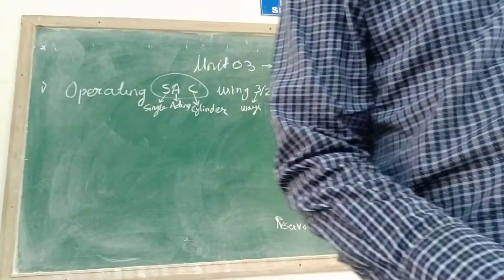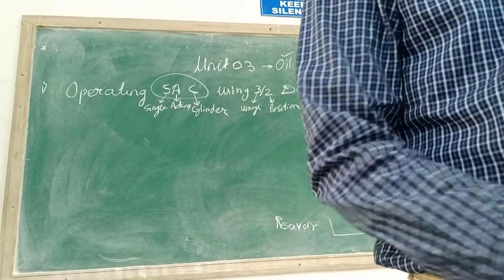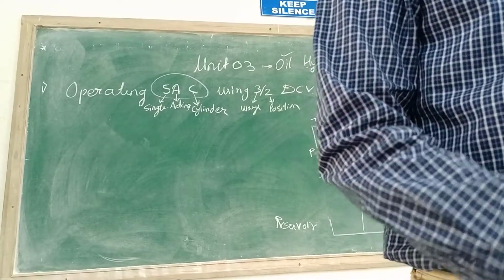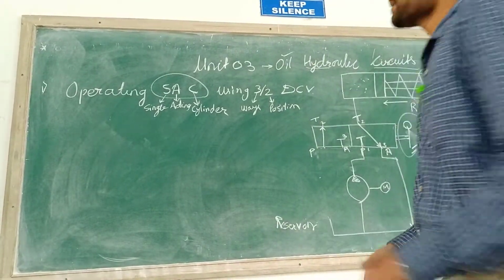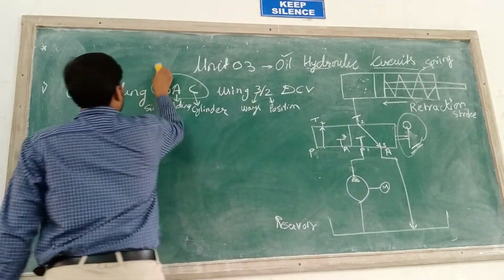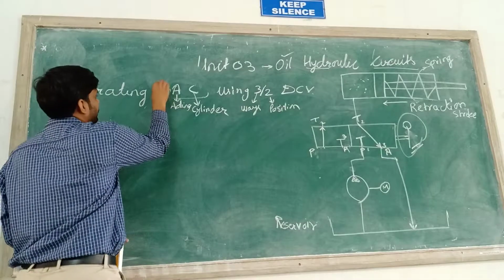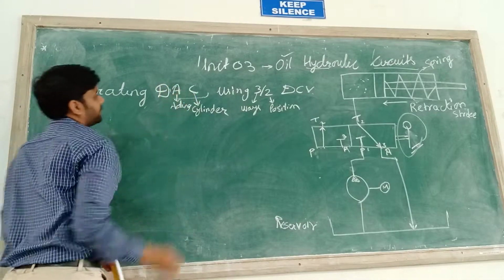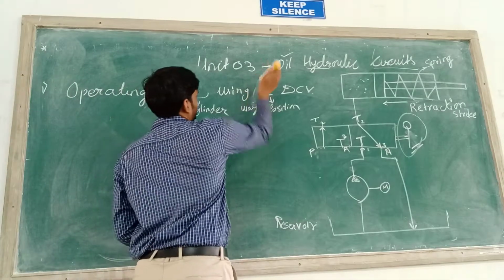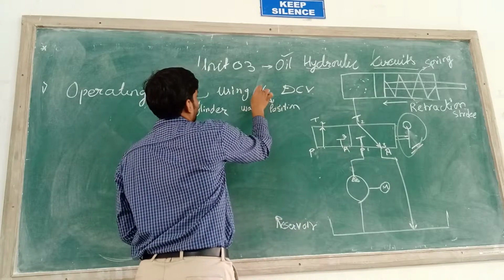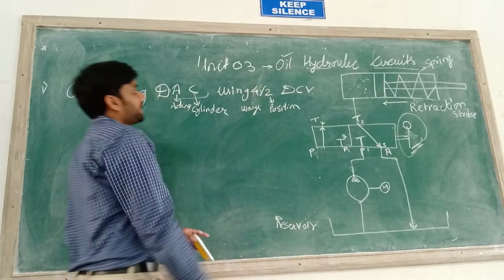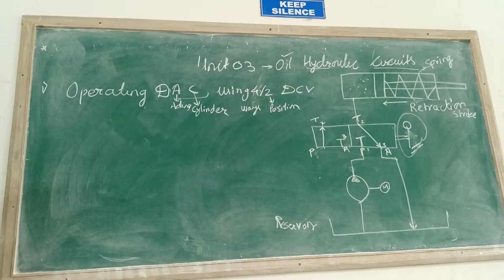Okay. Now we are going to take another operation of DAC using 4/2 direction control.